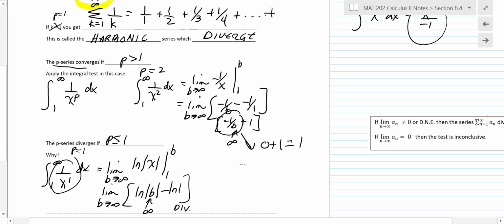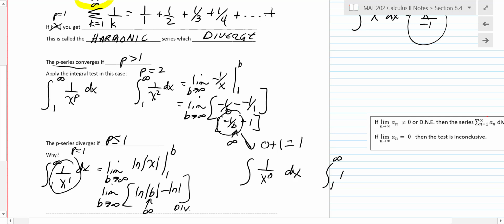Okay? So if you were looking at integrals of a negative number, or even this, what if you did the p-series 1 over x to the 0, p being less than that? Well, that integral would end up just being the integral of 1. But if you're doing an improper integral there, that would also diverge if you went through the details.